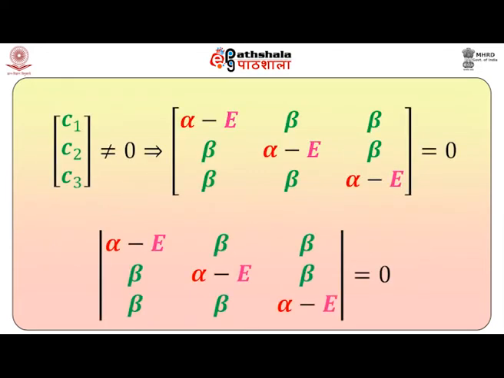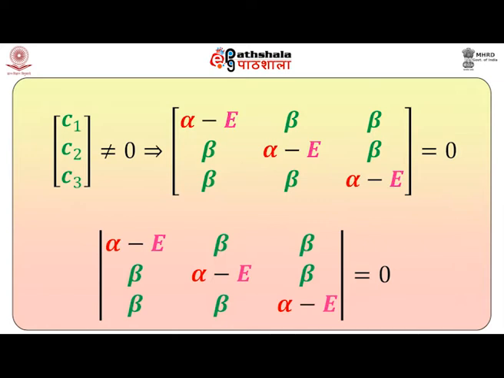Since the coefficients are not equal to 0, because if each of these coefficients were 0 then the molecular orbital would not exist, the Huckel determinant is equal to 0.